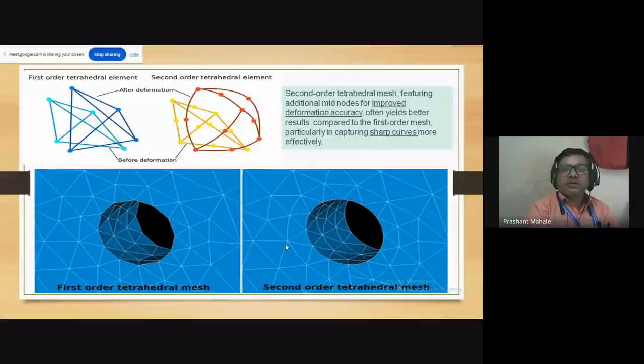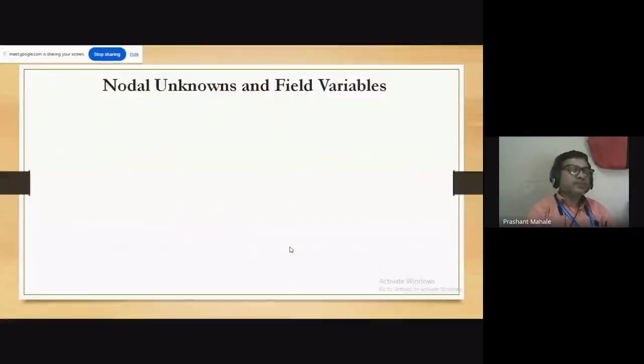Depending on this, you have to select the element. If you want very precise, then you need to go for a higher order. Whereas if you are compromising on that precision, then you can select the first order. The advantage will be you will get the result faster, and in higher order you have to wait for the result.